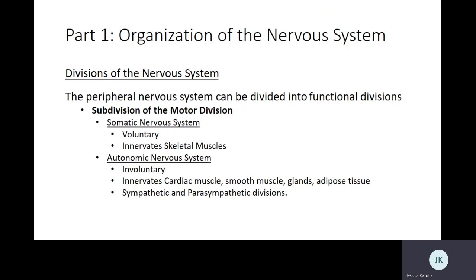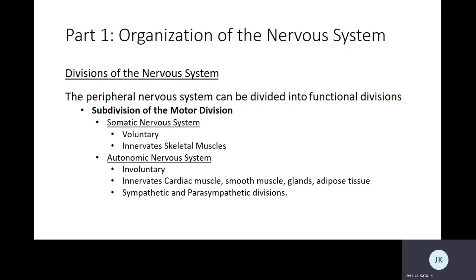The other one is going to be the autonomic nervous system, and the autonomic nervous system is going to be mediated by visceral motor neurons. And for the most part, well, entirely, it's going to be involuntary. So we can't control what our autonomic nervous system does. And these are going to go to effector organs such as the cardiac muscle, smooth muscle, glands, and adipose tissue.